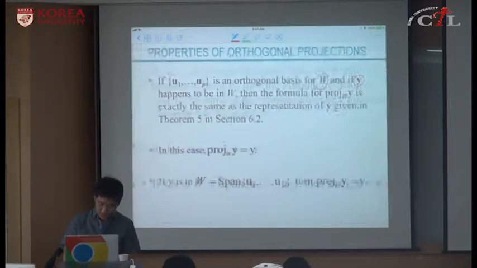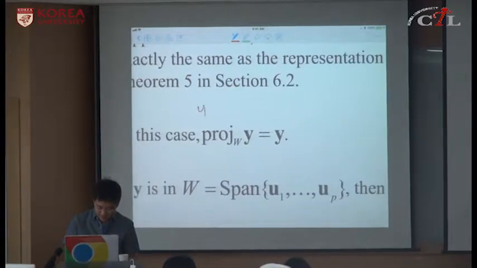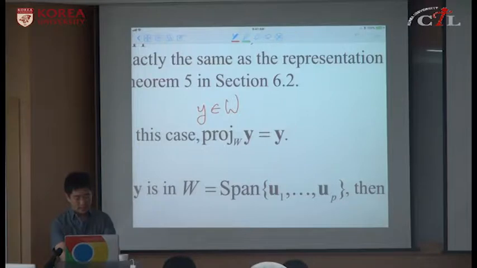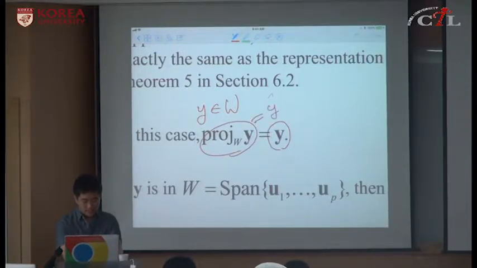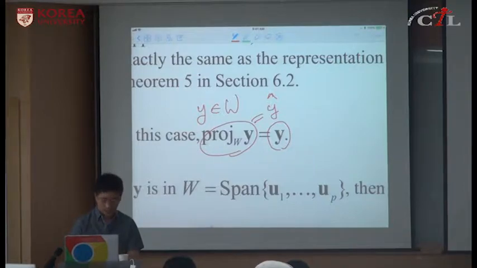Okay, so in that case, if y belongs to subspace W, then y will be y hat, which is the orthogonal projection onto W.